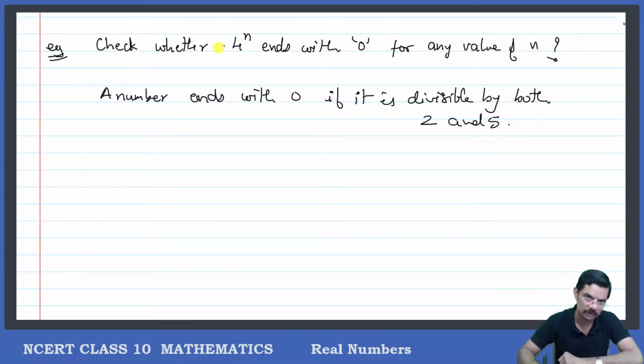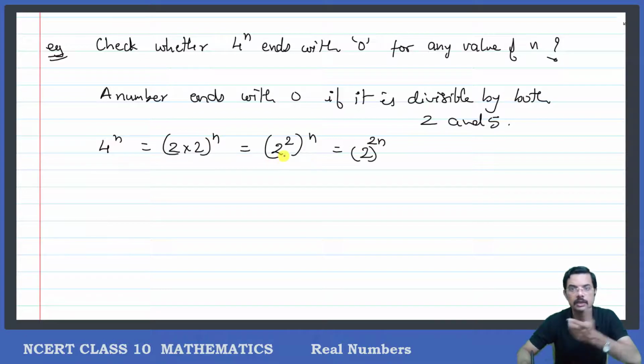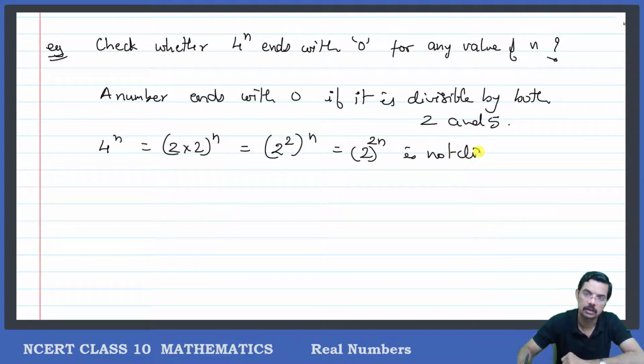But what happens in case of 4 raised to n? Here, the prime factorization of 4 raised to n will be 2 into 2 the whole raised to n, or in other words, 2 raised to 2 the whole raised to n, or 2 raised to 2n. So there is only one prime number, and that is 2, but it does not contain 5.